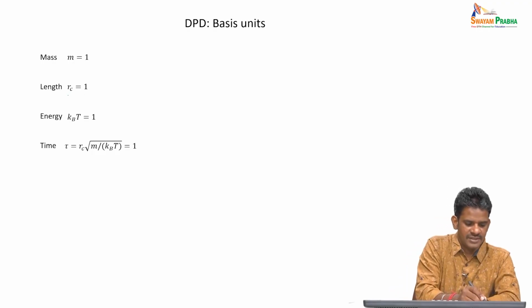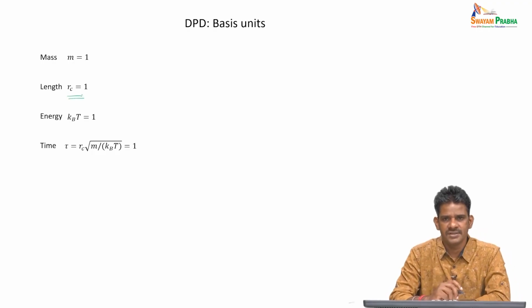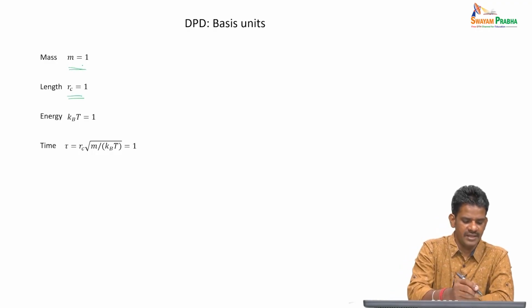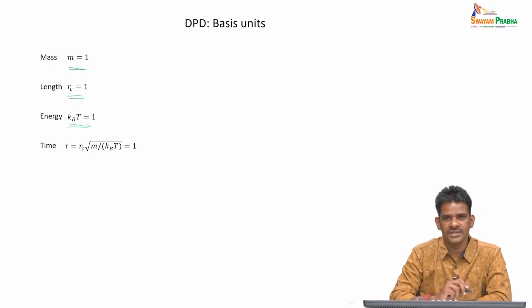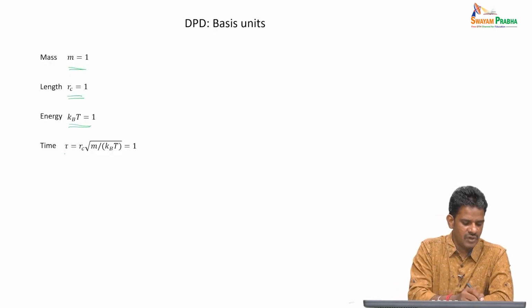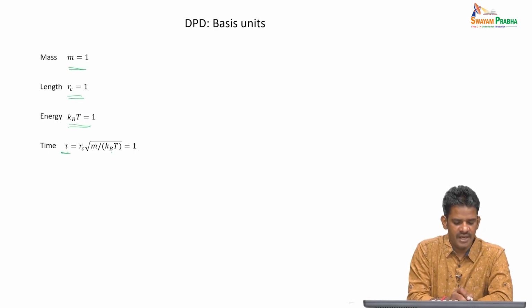So, the length scale rc is taken to be 1 as a basis unit for length, mass is kept as 1, and energy is given in terms of kBT equal to 1. Once you choose mass, length and energy, time is automatically fixed, given by rc times square root of m by kBT, and that also becomes 1.